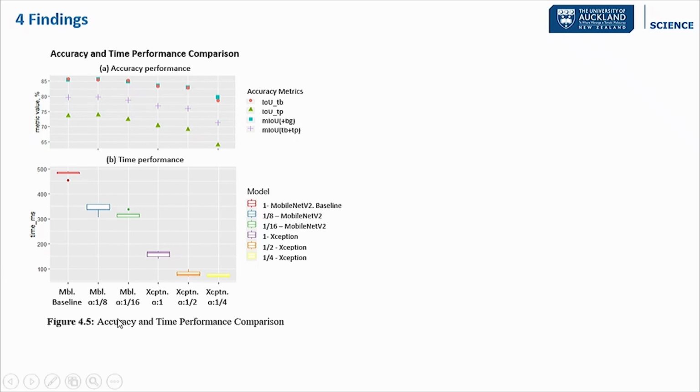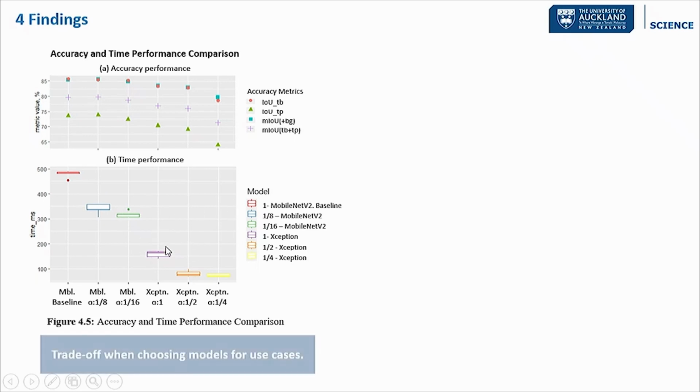And about the time performance for each series of alpha models, the left series are from alpha MobileNets, and the right series are from alpha Xception. Within the series, the models show a right skew in the time reduction. That's our observation, and also what we will consider if we want to choose one model to use.